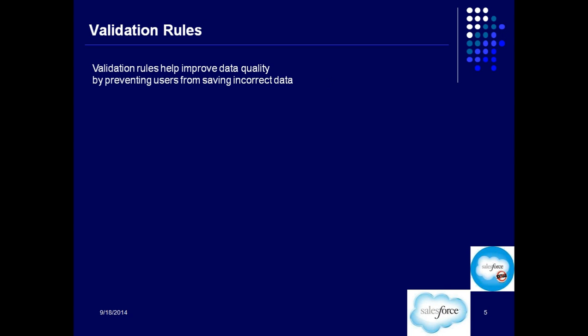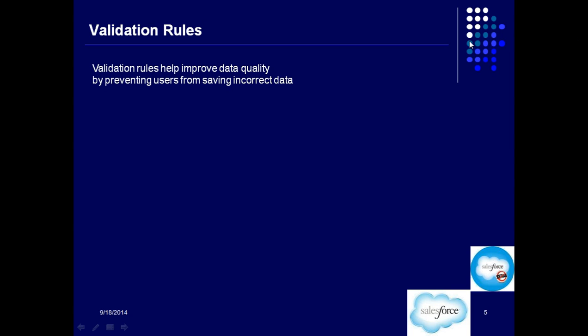So a validation rule does not allow the incorrect data into the system. You have an option of defining criteria for your data validation, and before a record is saved into the system, the data is checked against whatever rule you have defined, and it does not allow the data to be saved if the criteria that you have defined is not met.